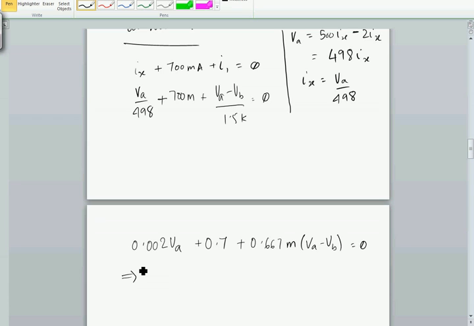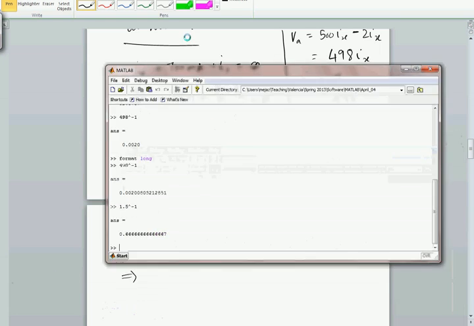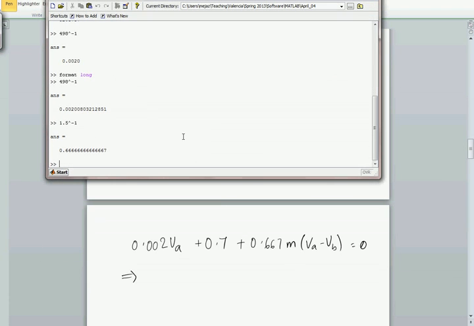Let me just do this. 498 inverse plus 1.5 exponent 3 inverse is 0.00267. I didn't really make much difference.